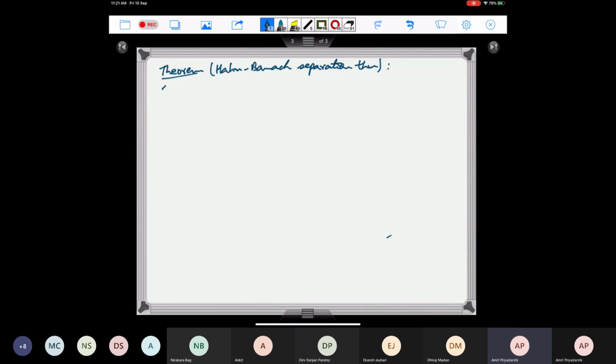So let A and B be two non-empty disjoint convex sets in a real normed linear space V.